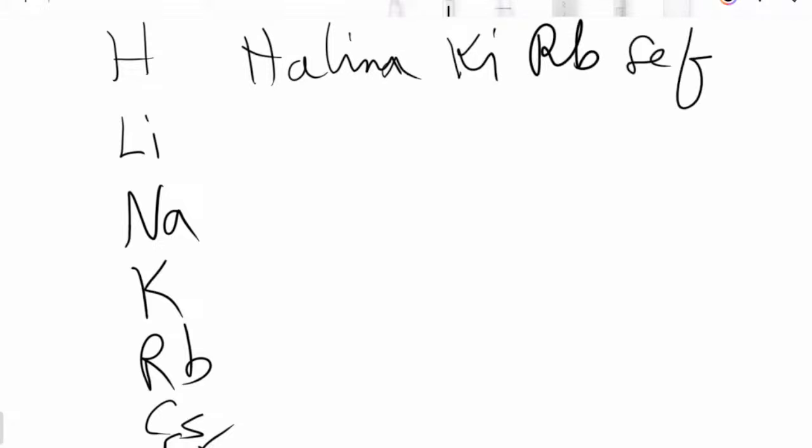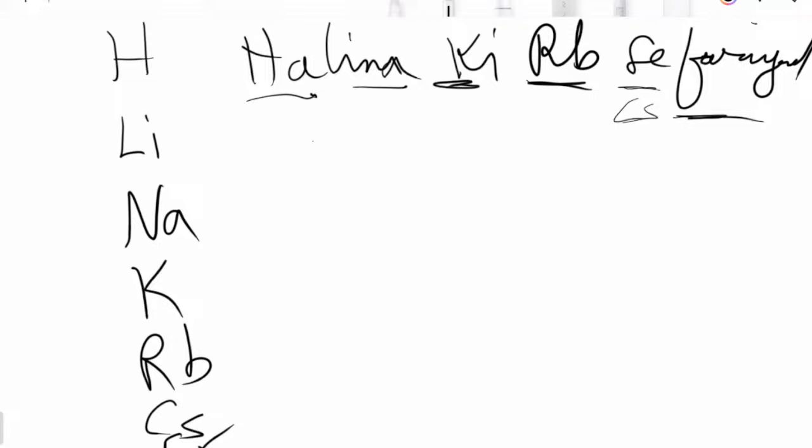Halina is, let's consider, one person. Faryad means complaint. So H represents hydrogen, Li lithium, Na, K, Rb, Cs, Fr. This is the one for the first group.